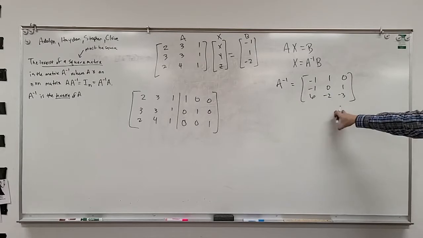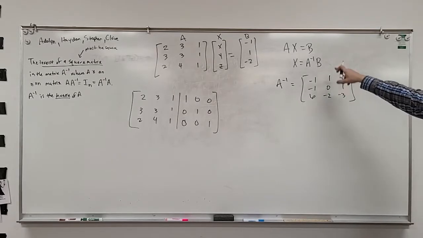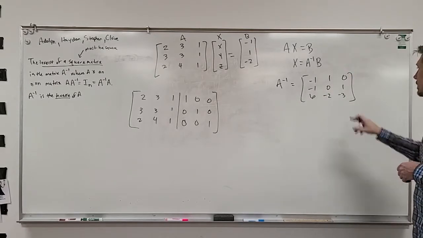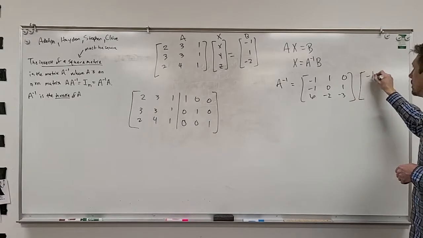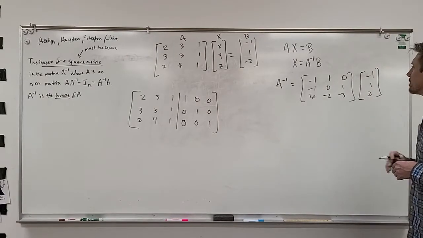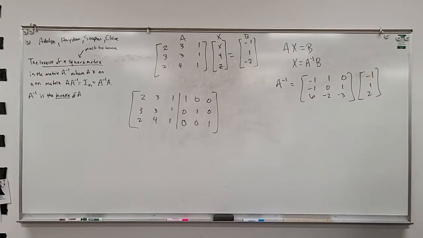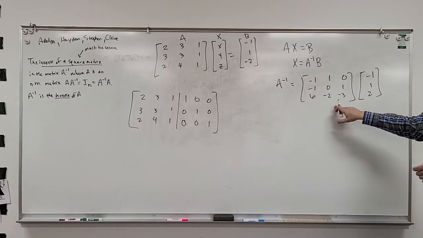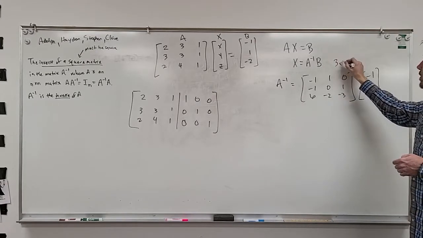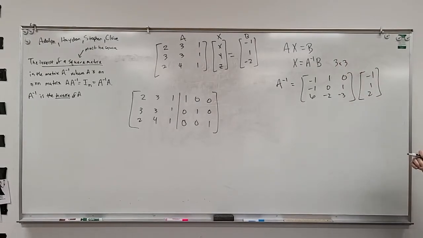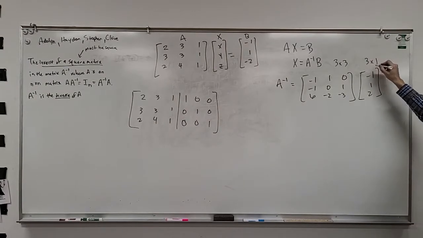And so now I can take this and multiply it times B. Can I multiply those together? What's the size of this matrix? That's 3 by 3. What's the size of this one? 3 by 1, because the two inside ones have to be the same to multiply.